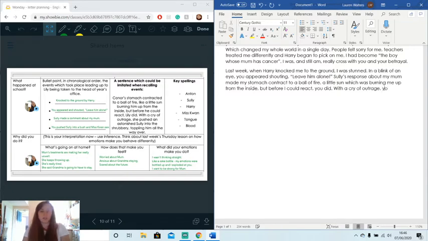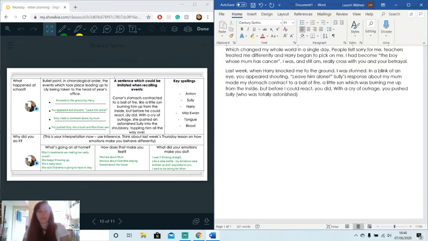Ooh. You pushed Sully. I'm going to change this. I'm going to go Sully. And then I'm going to use brackets because I haven't used them yet. Who was totally astonished. So I can play around with the language, I don't have to copy it. So we had pushed an astonished Sully.